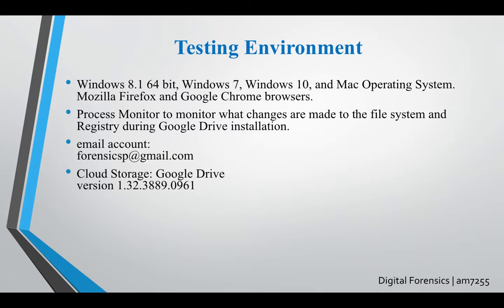Apart from that, I've also used Process Monitor, to know what changes are being made to the file system, and what new registries are being created, or what modifications are being made to the existing registry during the Google Drive installation, and also once the installation is complete and we perform certain operations like uploading or downloading a file.